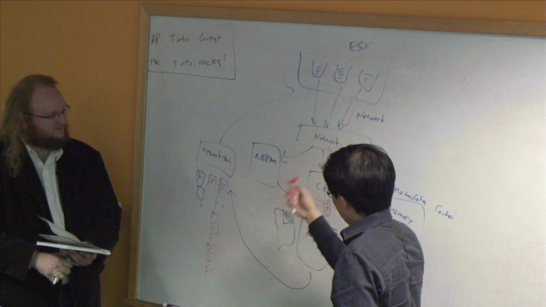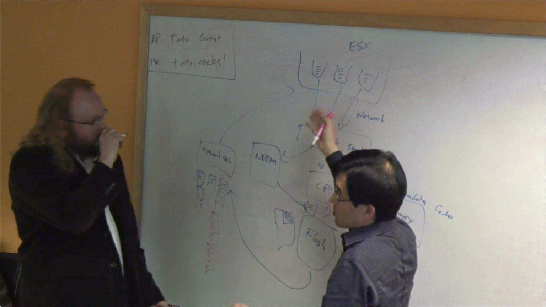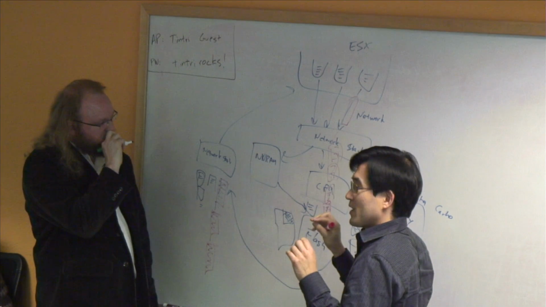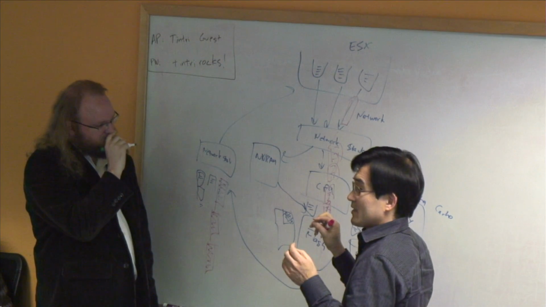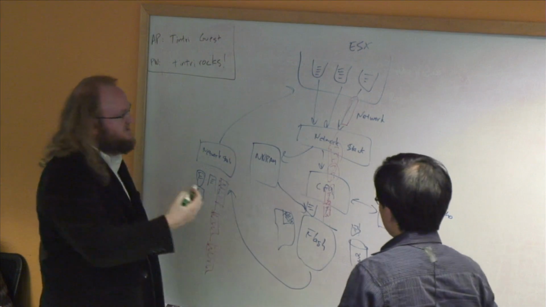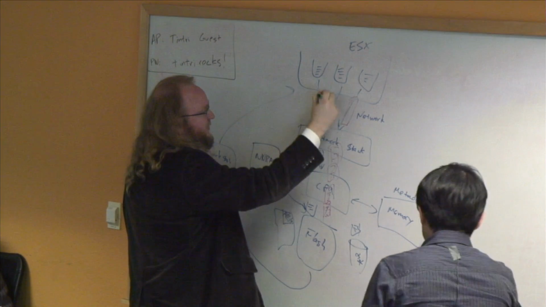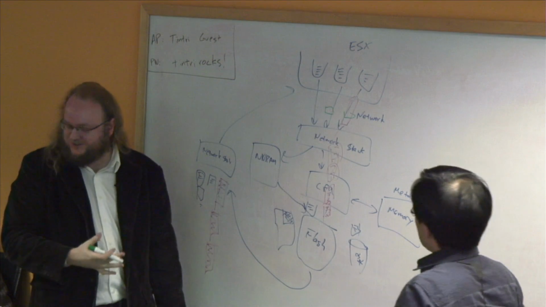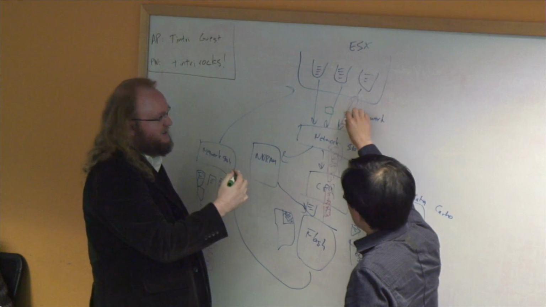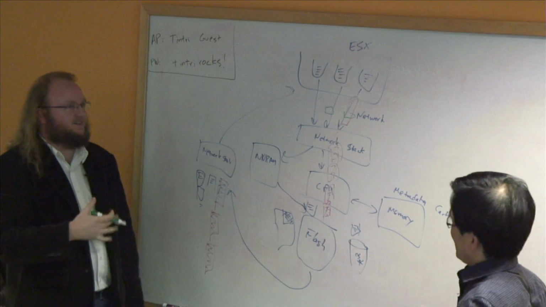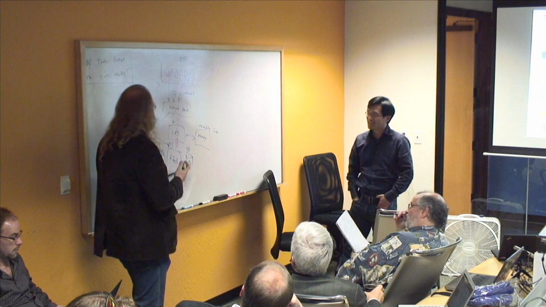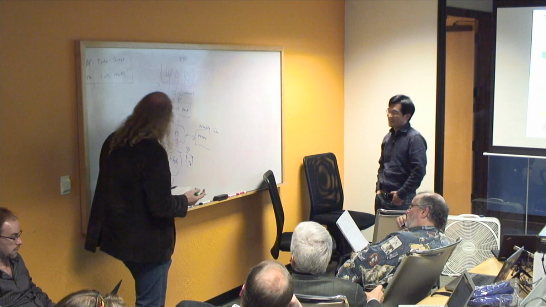So now, what happens if you have a bunch of small VDI desktops that are issuing lots of little requests? They don't use up a lot of bandwidth, but they're very latency sensitive. What happens? Yeah, so the packet size coming in is obviously independent of the size of the read you're doing. Right.